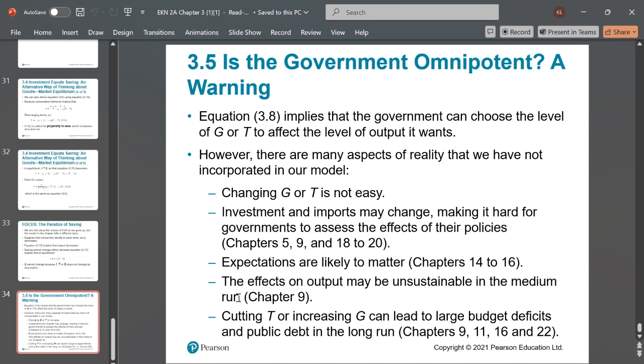Omnipotent basically means that a person, or in this case the government, can say things and it's final and we don't have any say in whatever has been decided. You understand? So no, the government can never be omnipotent. An example of this is that changing the taxes or government spending is not easy, and all of these other points.